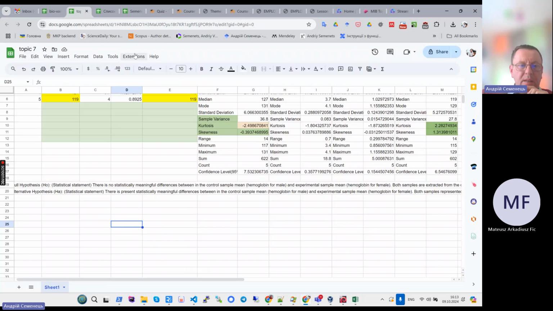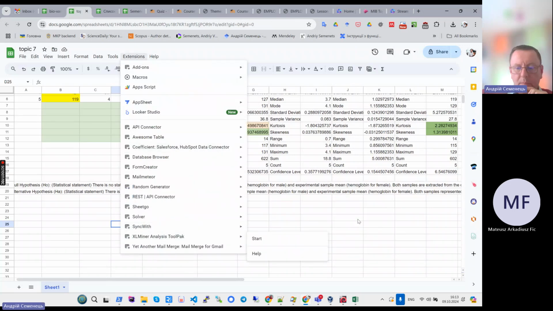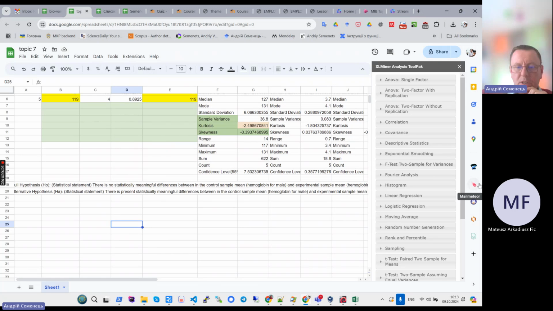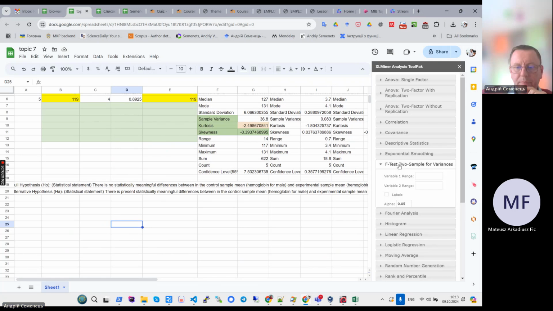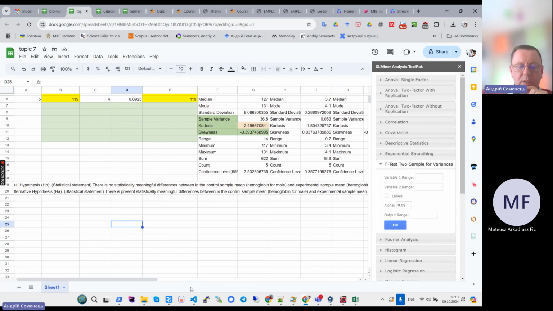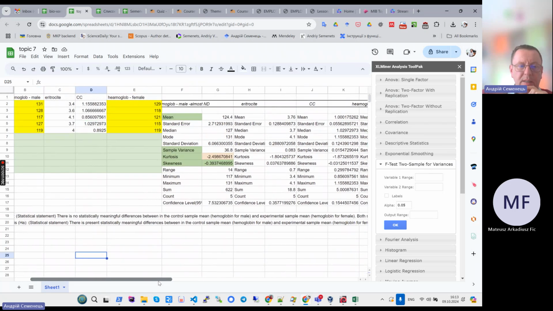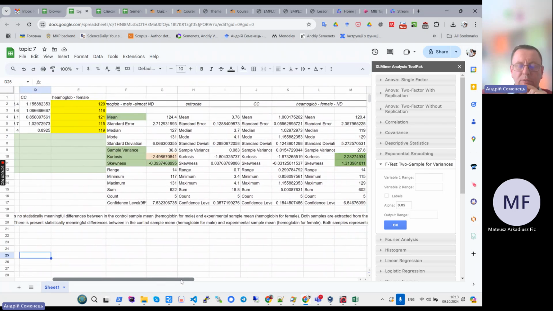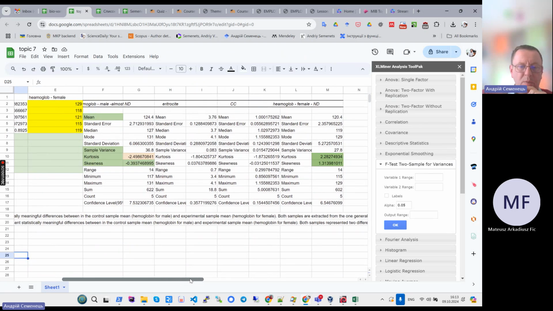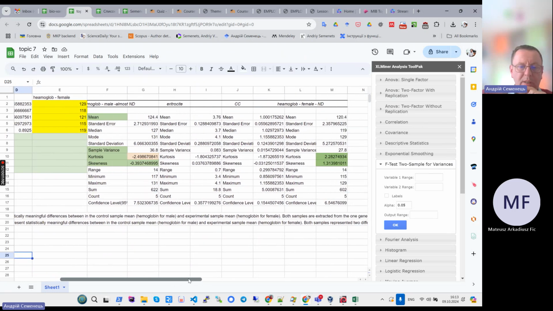I will use again the analysis toolpack, the Fisher test. Here it is important to know that we have to process data in such a way: we first select the sample with the larger variance, no matter what the real order is.